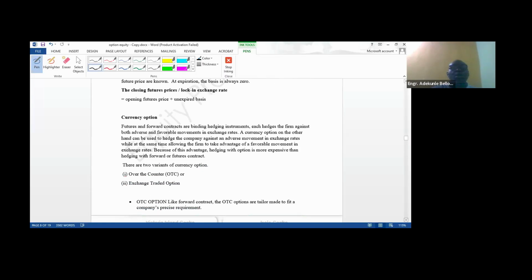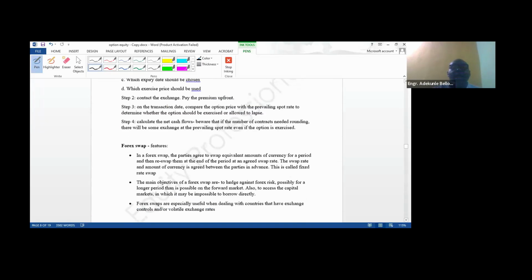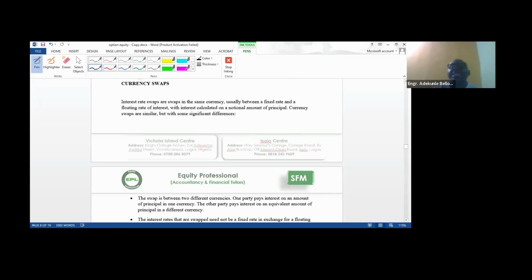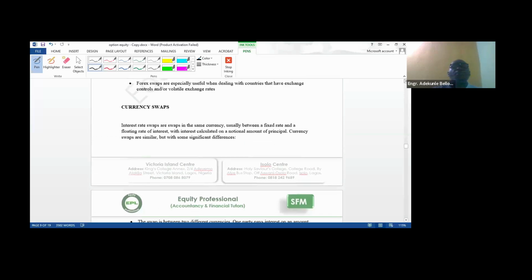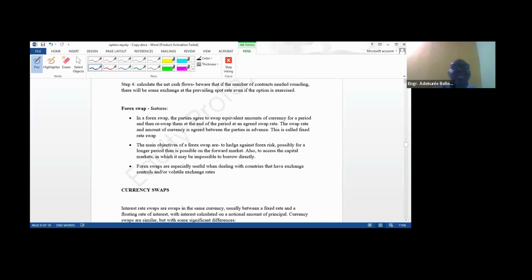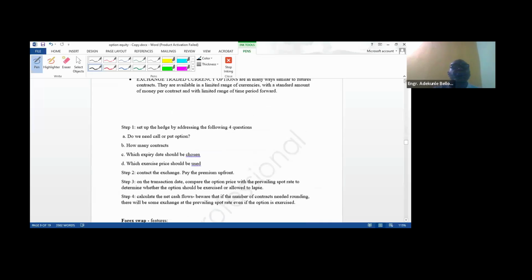We have the over-the-counter currency option, that is number 1. Number 2, exchange traded currency option.